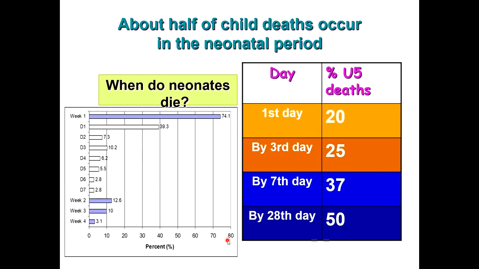Moving forward, let us see the percentage of under 5 mortality when we compare it with the neonatal period. If we divide 100% of deaths into different time zones, we can see that 20% of deaths occur during the first day of life.